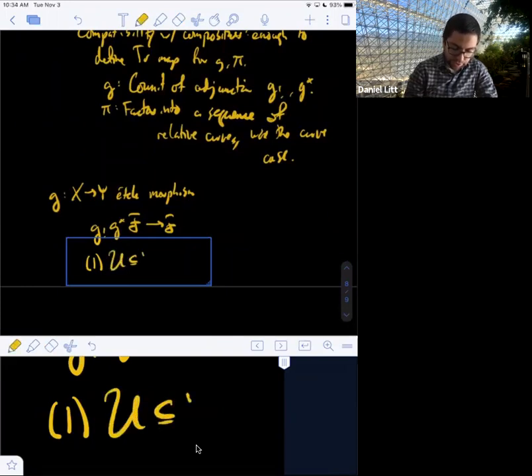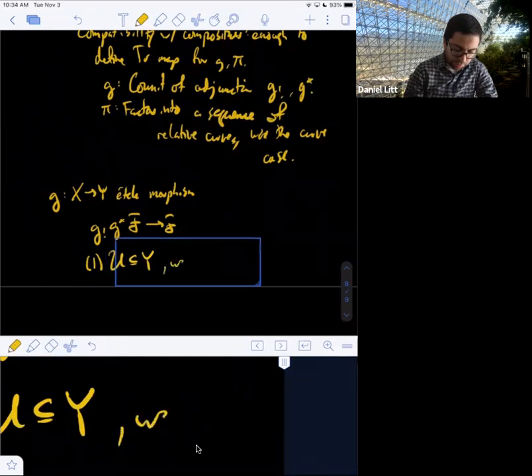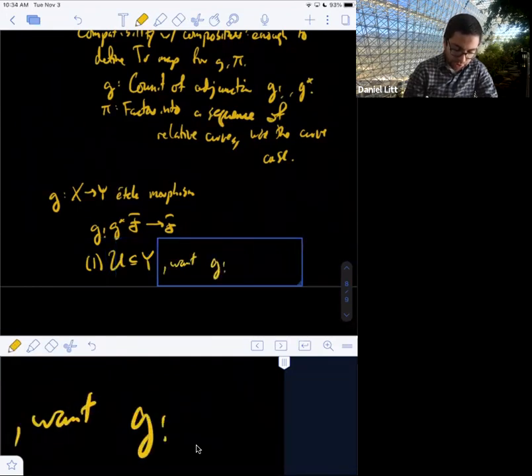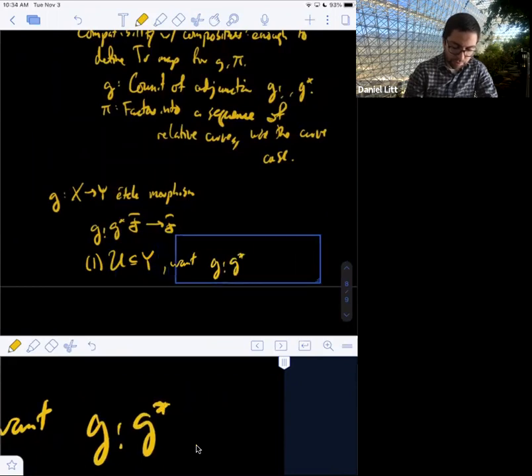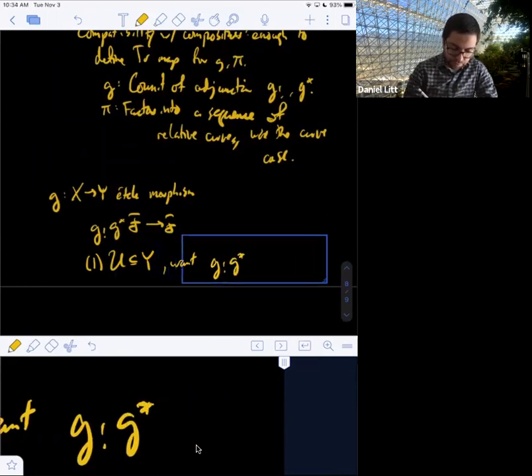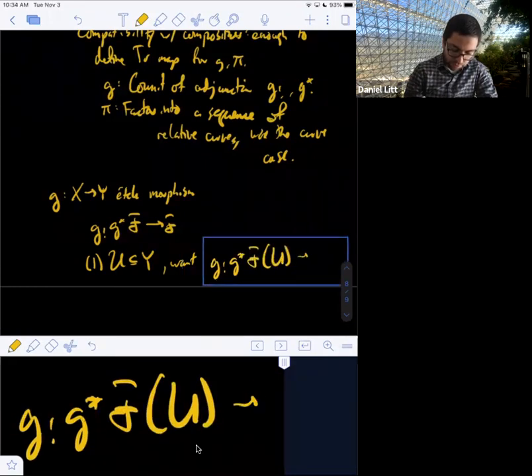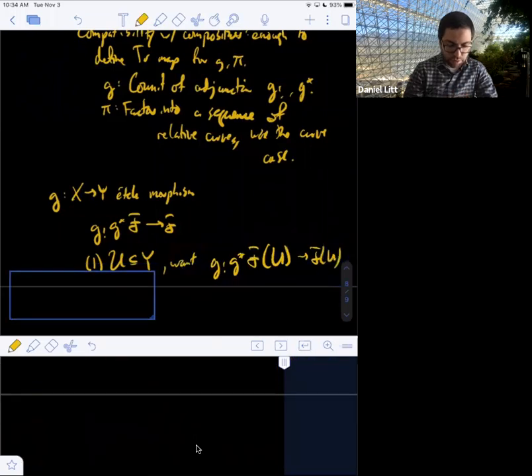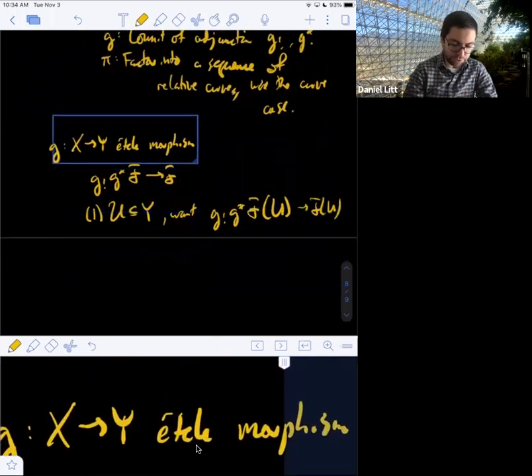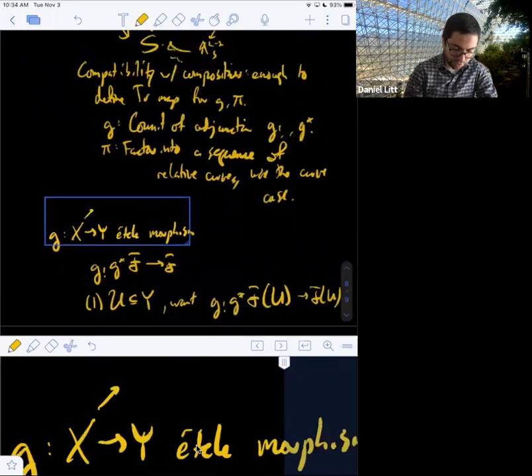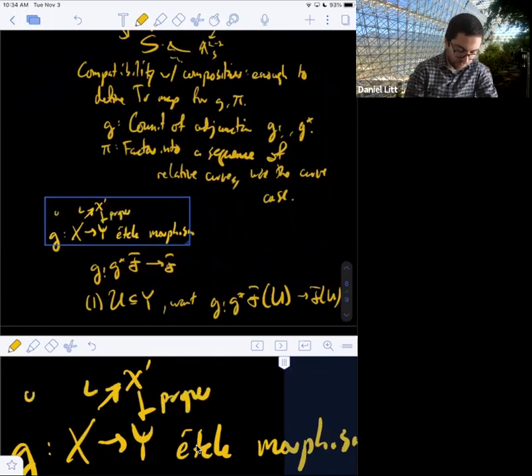For U contained in Y, we want a map from G lower shriek of G upper star of F of U to F of U. So how do we compute this thing? One way to do it is we can just compactify. So this is proper. This is open.